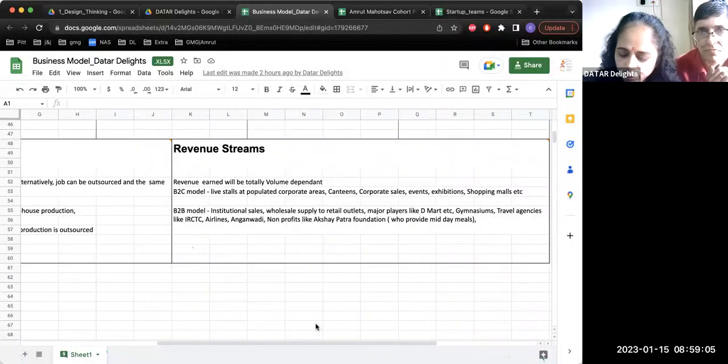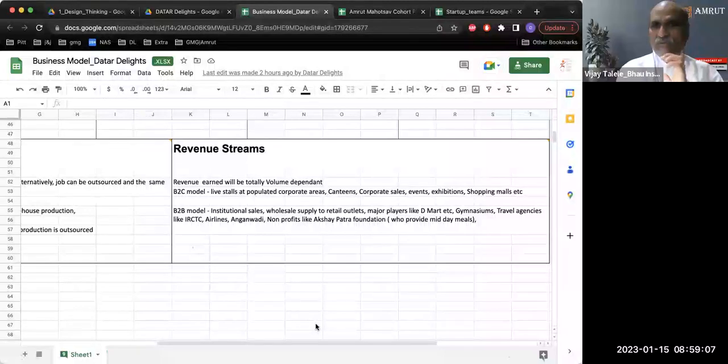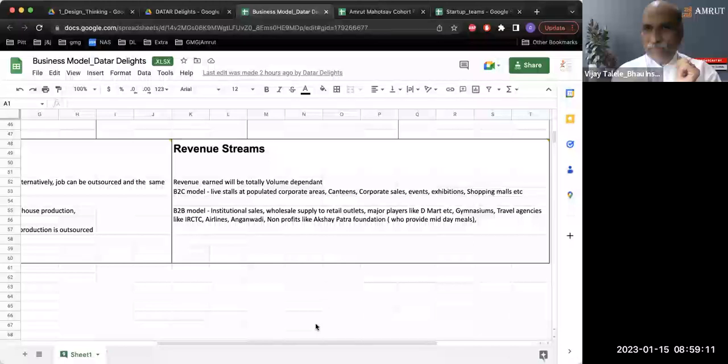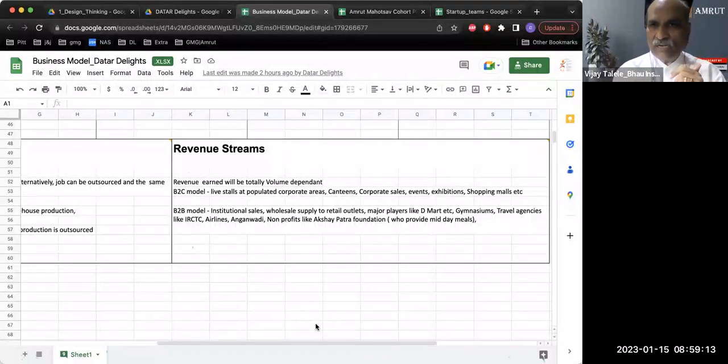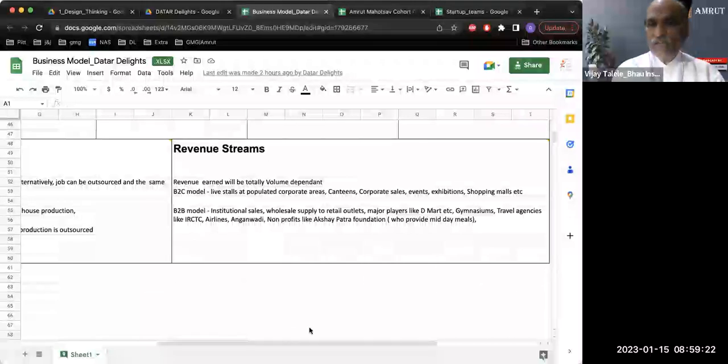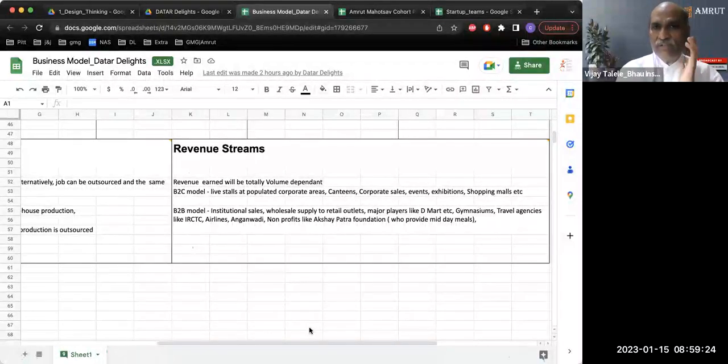Start going through them: is this applicable to my startup? That way it will help you look at what kinds of business models there are to generate revenues, as well as find the different models which you can really apply for your startup.